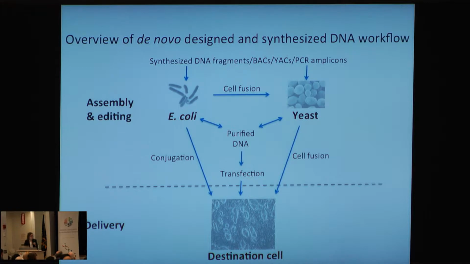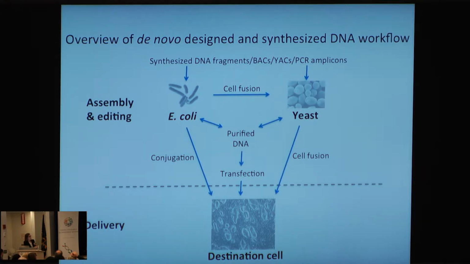So starting to think about this overview of de novo design, I'm not talking about the design here, but how to get from the design and the synthesized fragments, or whatever other starting materials you have, which might include BACs, YACs, or PCR amplicons derived from your source material. You can start thinking about this layer of the workflow that involves assembly and editing.